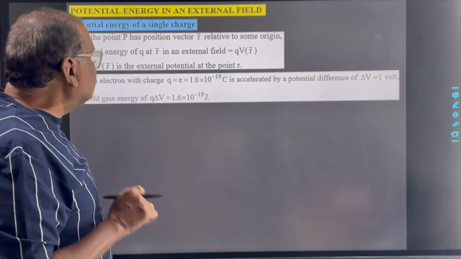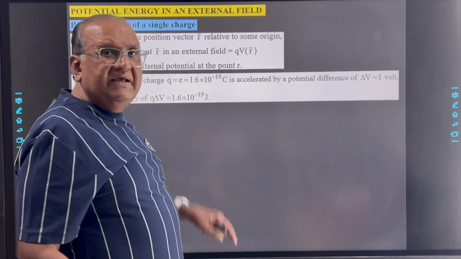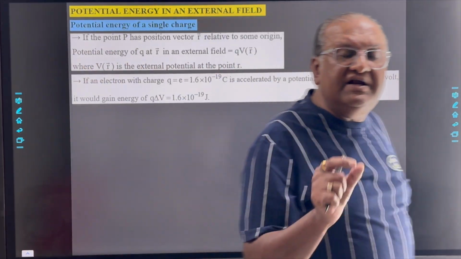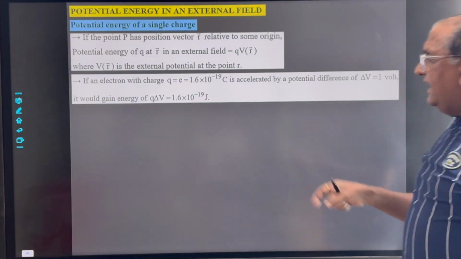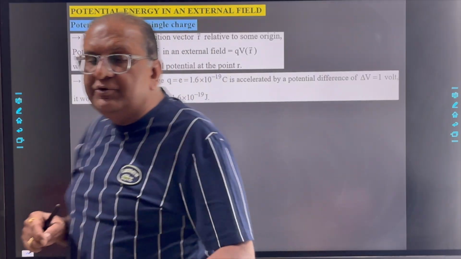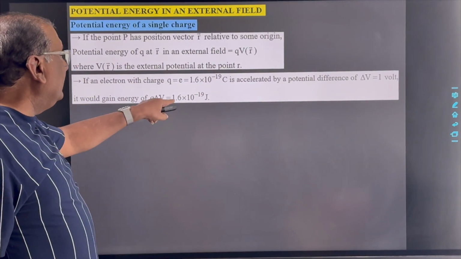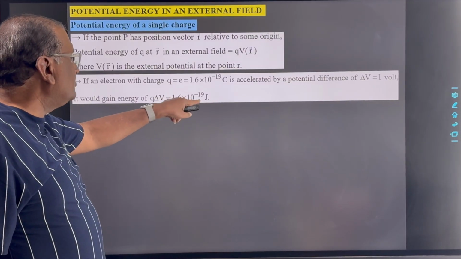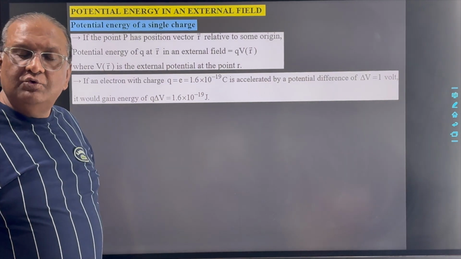Then we can say if charge Q, that is e, is accelerated by a potential difference of 1 volt, then the energy gained by it is Q into delta V. So that Q into delta V is 1.6 into 10 raised to minus 19 into 1, that much joule.